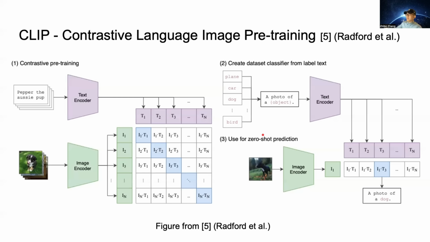What you do at this stage is that you don't need any task-specific or task-related fine-tuning. You don't need that, right? They assume that the pre-trained models are already capable enough, okay? And they can be directly used to do the zero-shot prediction.